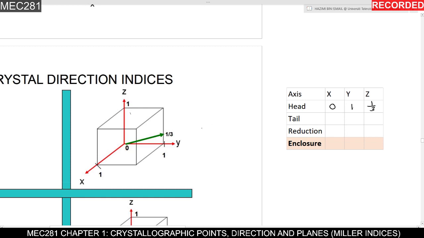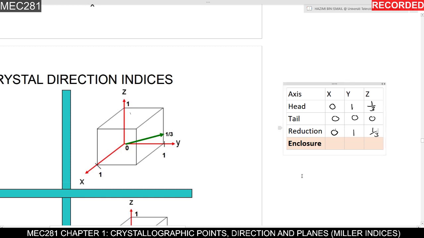That is the head. The tail is all coming from the origin, so 0 0 0. So the reduction process is head minus tail. 0 minus 0 is 0, 1 minus 0 is 1, 1/3 minus 0 is 1/3.